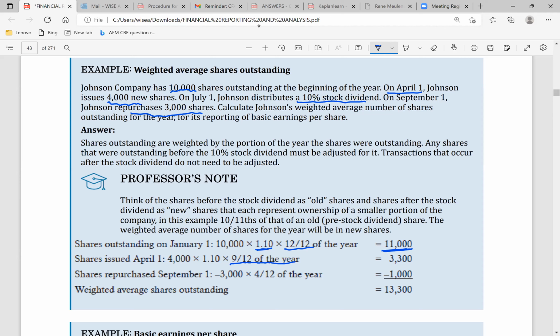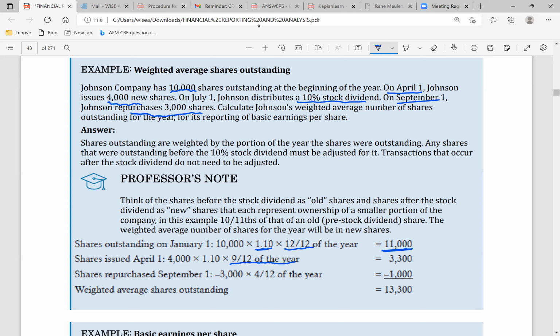And then the share repurchase happened. So it's a reduction in the shares. And you look at the number of months that happened. So if the shares were repurchased on 1st September, that means from September to December, those shares were not there.